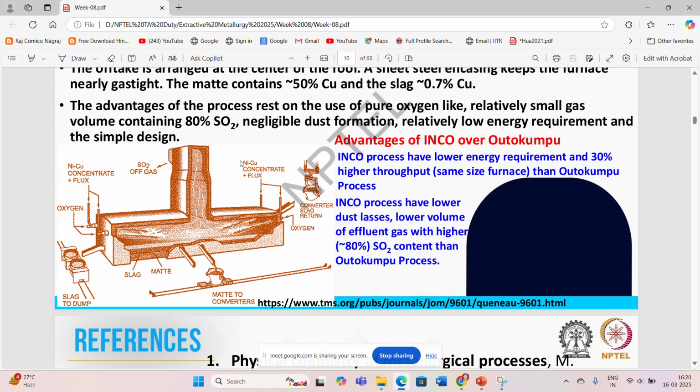The advantage of the process rests on the use of pure oxygen: a relatively small gas volume containing 80% SO2, negligible dust formation, relatively low energy requirement, and a simple design.